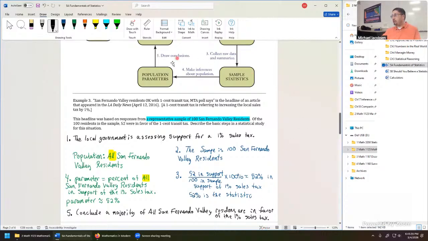So that's our drawing conclusions, but it is a very worrying conclusion.